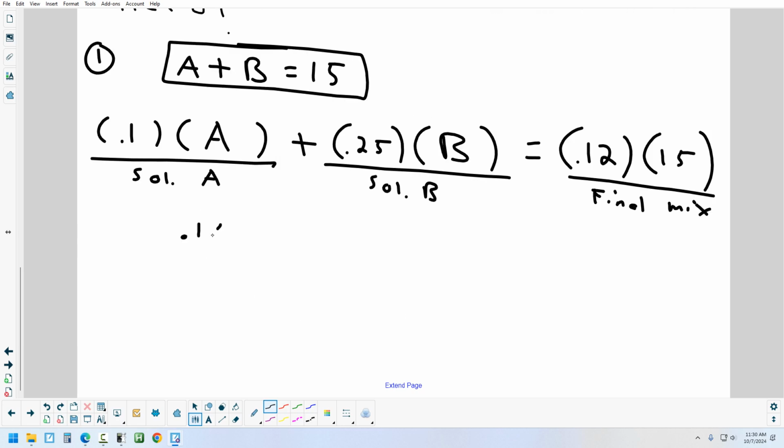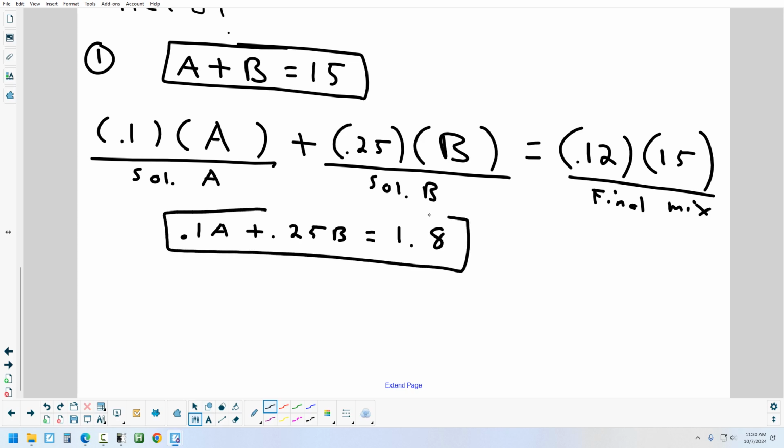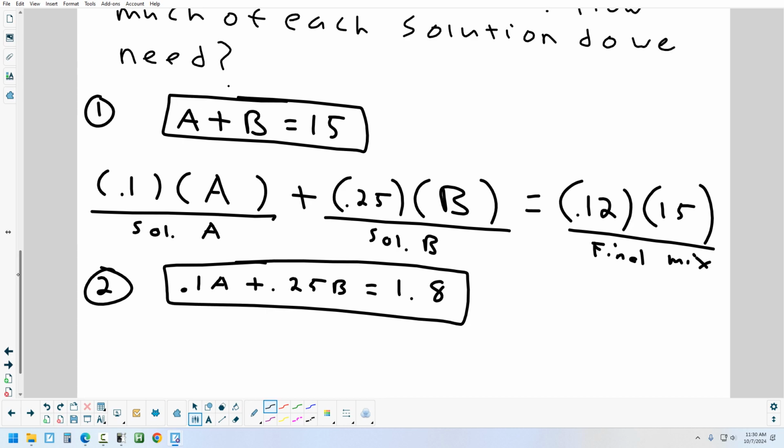So we've got 0.1A plus 0.25B. And what's 0.12 times 15? Yeah. 1.8. Okay. So in that box, that is equation 2.